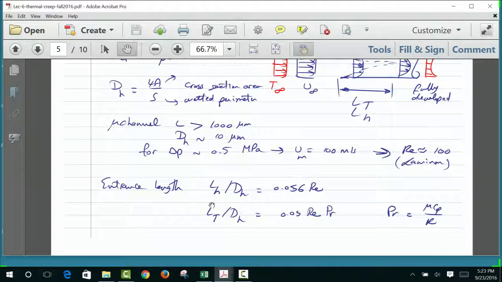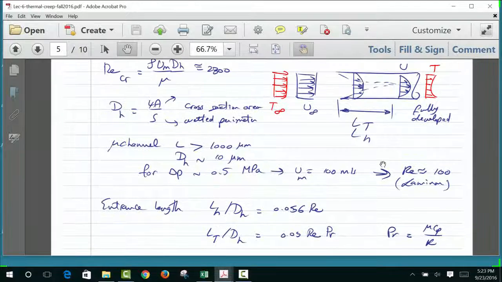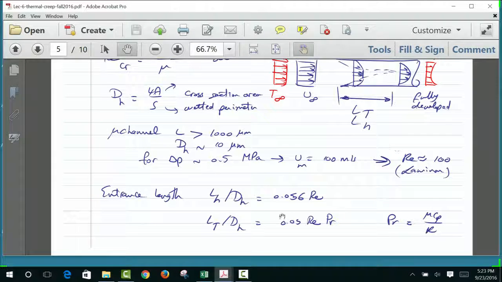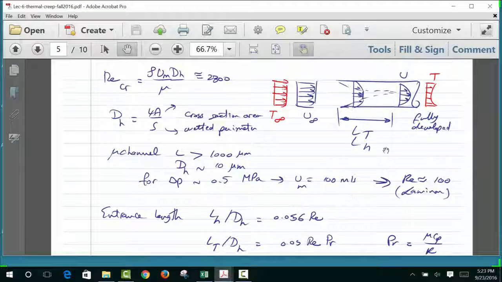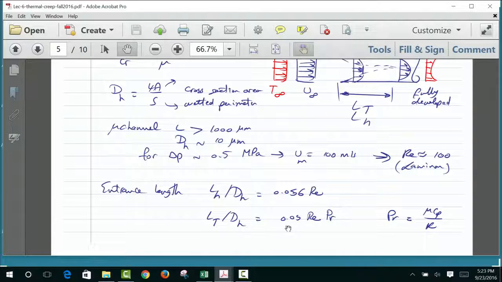And look at this. Guys, look at this. The entrance length for the hydrodynamic problem, for the velocity profile to reach steady state or fully developed velocity, is 0.056 Reynolds. The length scale for the temperature profile, LT, to reach a fully developed temperature profile is 0.05 Reynolds multiplied by the Prandtl.